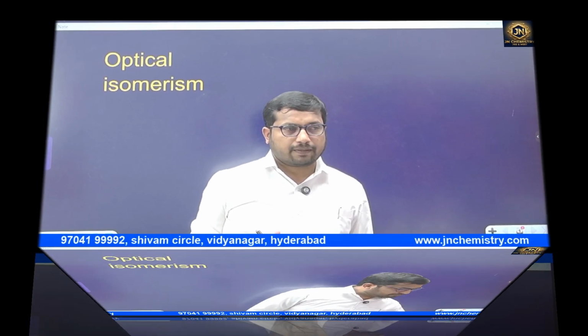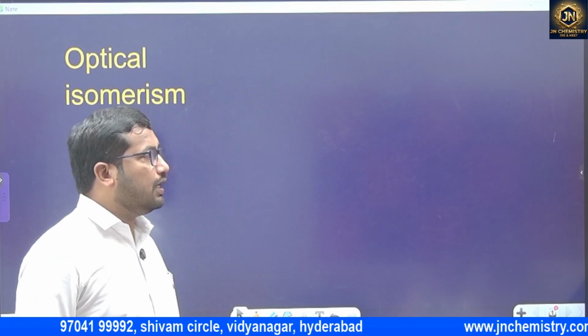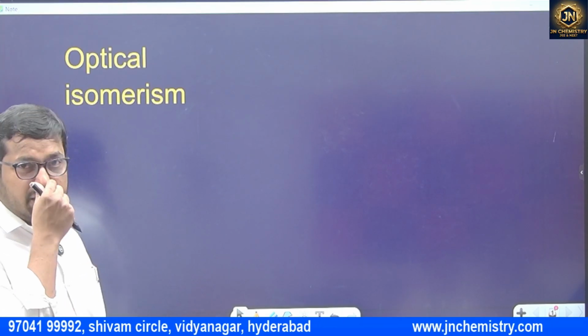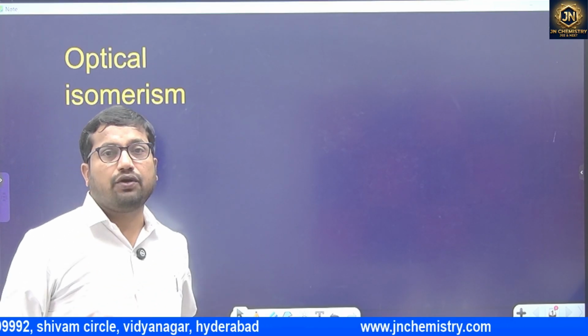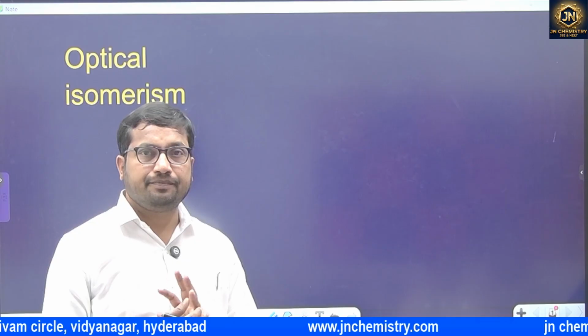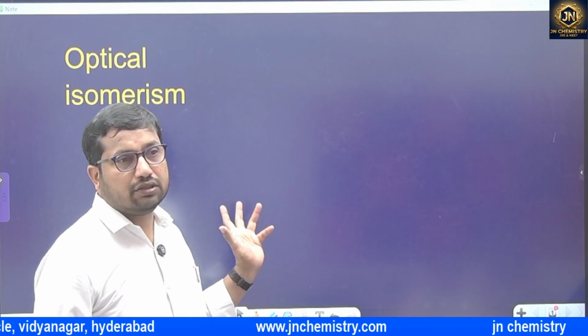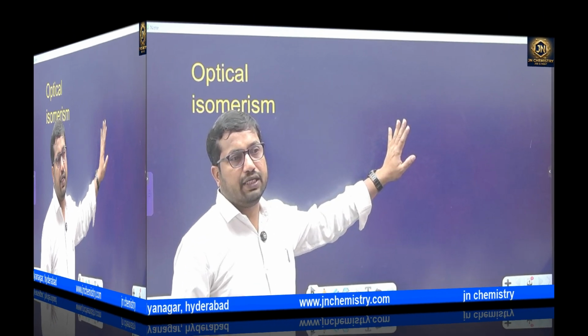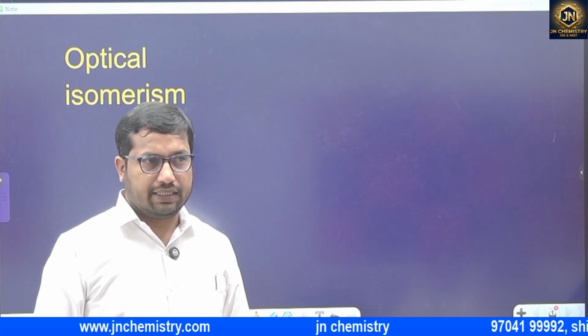Optical isomerism. So generally normal light. So actually what is optical isomerism? In this optical isomerism, we are going to do a lot of things here. One is first normal light, then plane polarized light.